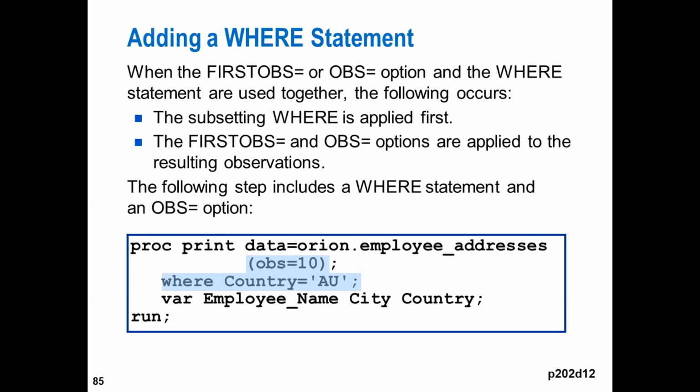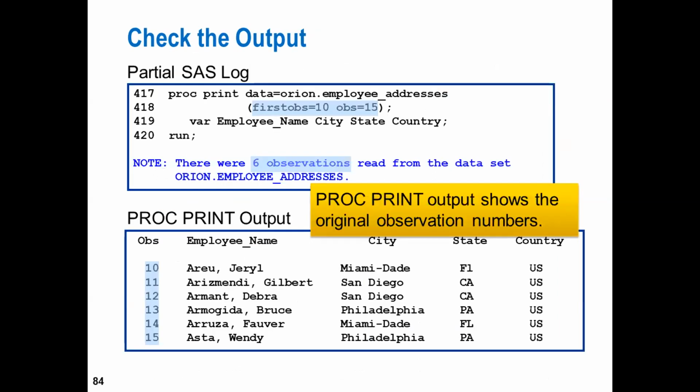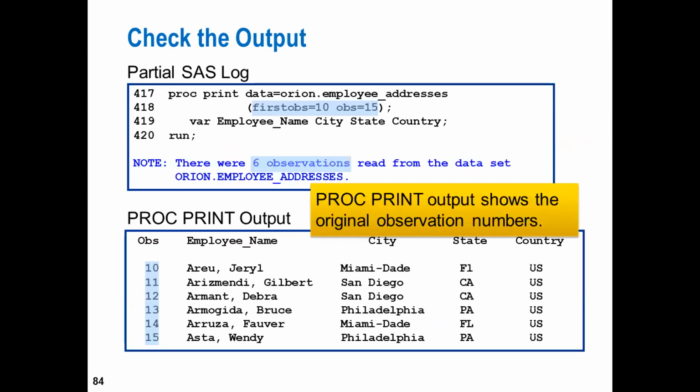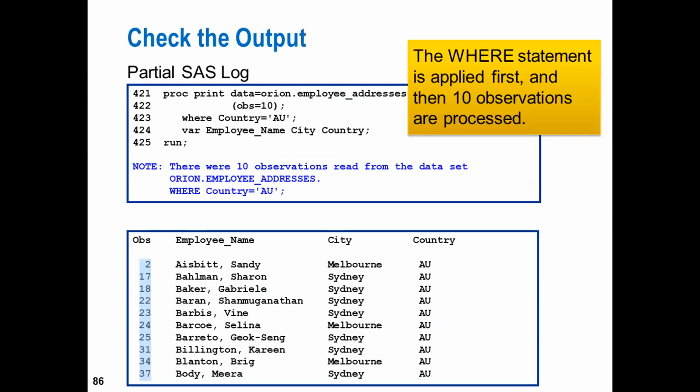It's not only with PROC PRINT, but wherever you use a WHERE statement, in a DATA step or in a PROC. Why is it explained with PROC PRINT? Because here you understand the criteria well because of the observation numbers.